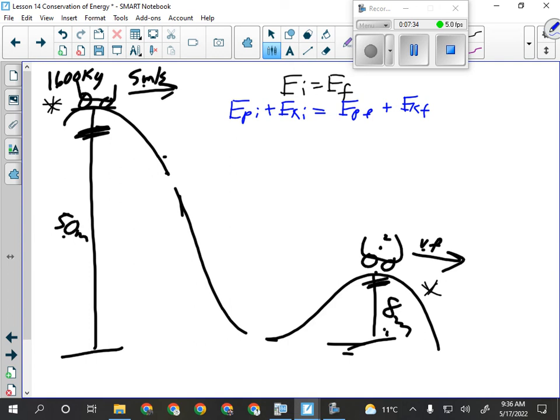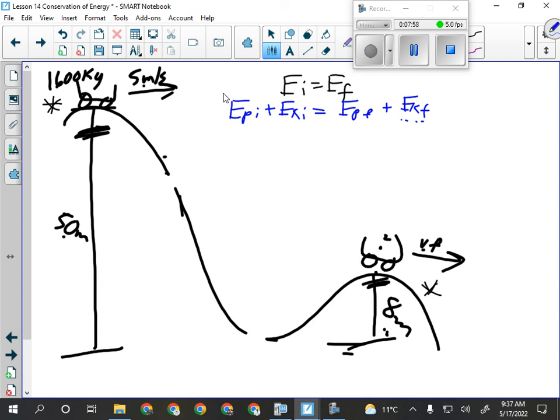Which one of those terms is VF part of? Final kinetic. So I need to get final kinetic energy by itself before I plug in all the variables, because then it starts to get confusing. Right now, if I want to get final kinetic by itself, what do I do with final potential?